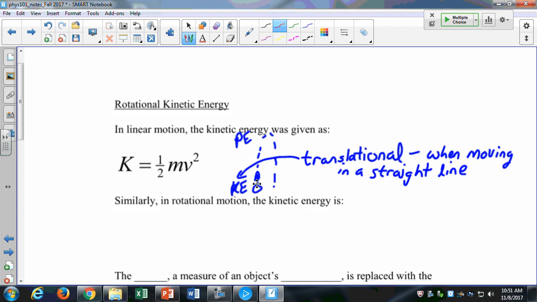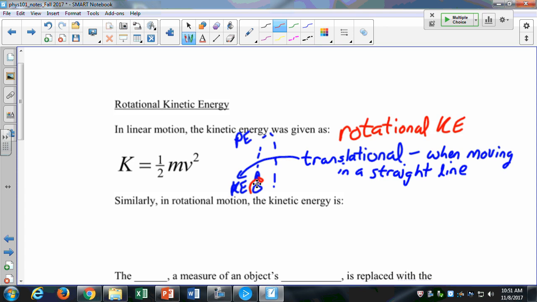On the other hand, we can have rotational kinetic energy when something's rotating. So like, for example, if this thing is also rotating as it goes up, like this, it has both translational kinetic energy and rotational kinetic energy. So you can also have rotational kinetic energy. And that's just when it's rotating.